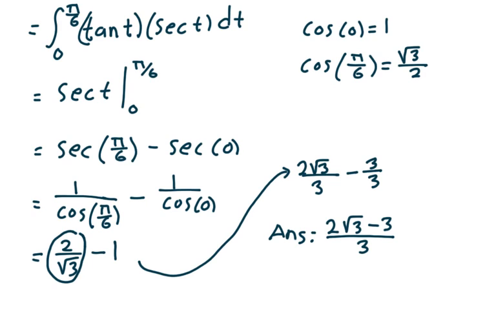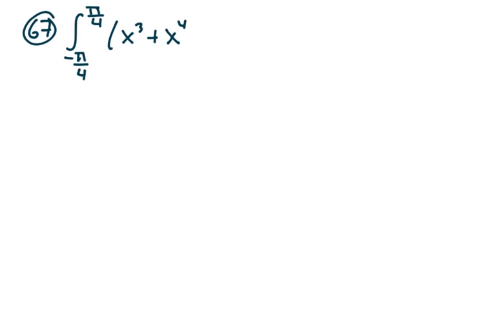So that's 63. Let's take a look at 67. Suppose I have the integral from negative pi over 4 to pi over 4, and the integrand is x cubed plus x to the 4th tangent x dx.